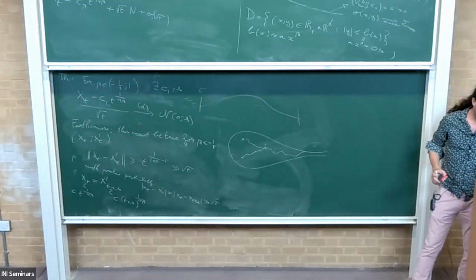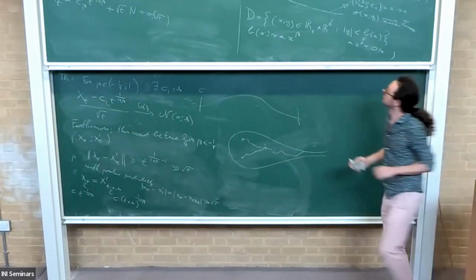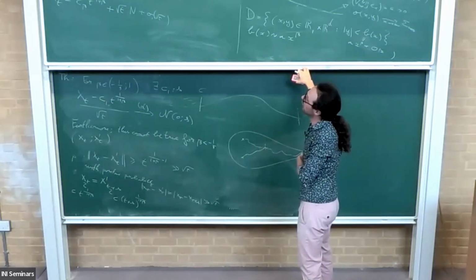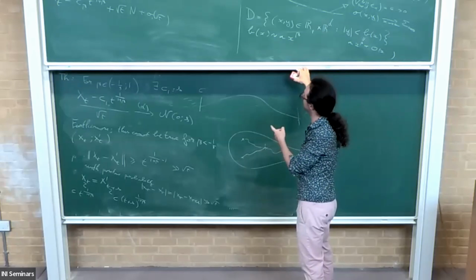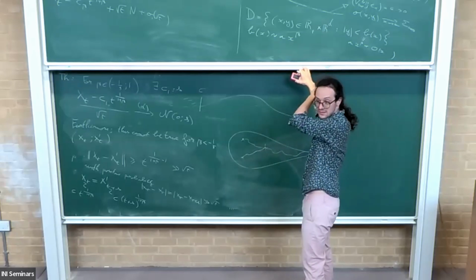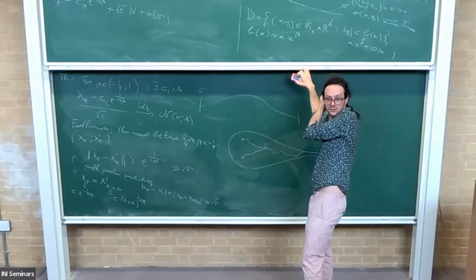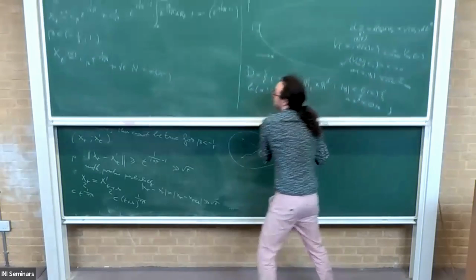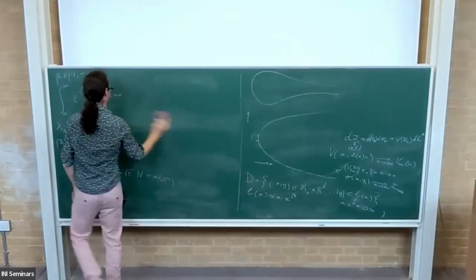Okay, so the last thing I'd like to do, if I have time, is to actually explain why this system should be in the first class of equation, because I don't think it's clear at all.